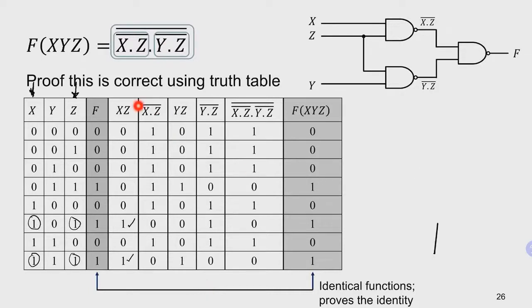And then we inverse this. When 0 becomes 1, and next we look at Y and Z. Again, it's an AND function. So only when both columns have a 1 will it give us a 1, and the rest will be 0.